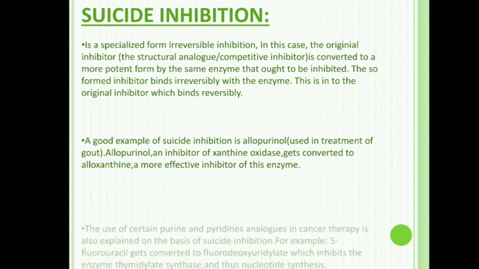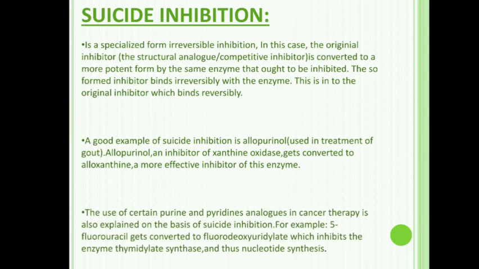Okay, so the good example of suicide inhibition is allopurinol, which is used in the treatment of gout. Allopurinol, which is an inhibitor of xanthine oxidase, gets converted to alloxanthine, a more effective inhibitor of this enzyme. And I have told you in the previous slides that I will discuss this example in detail in the next slide.